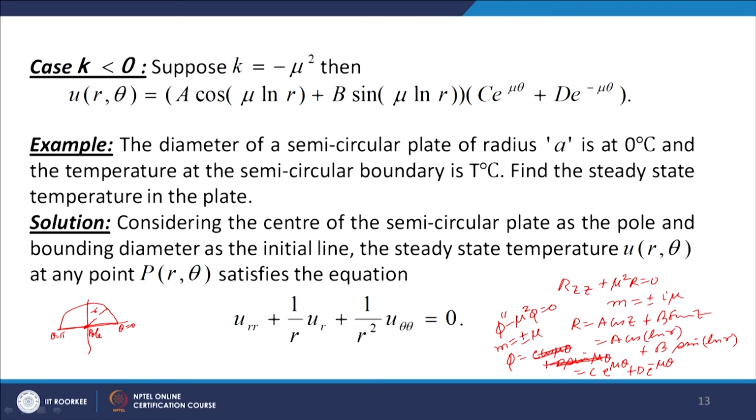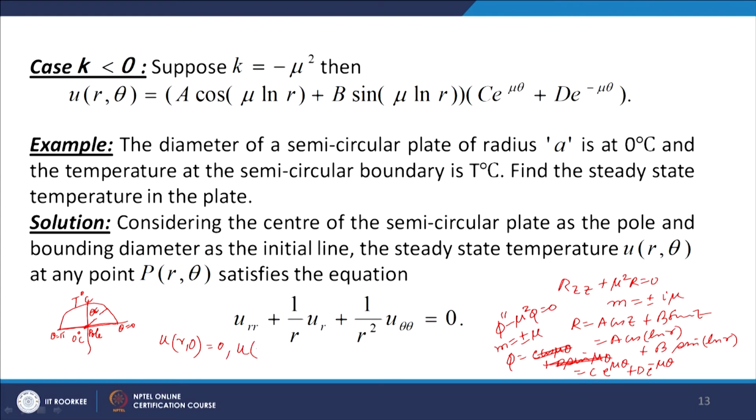Bounding diameter is taken and the radius is taken as a, because we had given the radius as a. And the temperature at the boundary is T degree centigrade, while at the bounding diameter it is 0 degree centigrade. So, we have to solve this equation u r r plus 1 by r u r plus 1 by r square u theta theta equal to 0. Now, let us see what the boundary conditions are. u(r, theta), when theta is equal to 0, we have temperature 0.